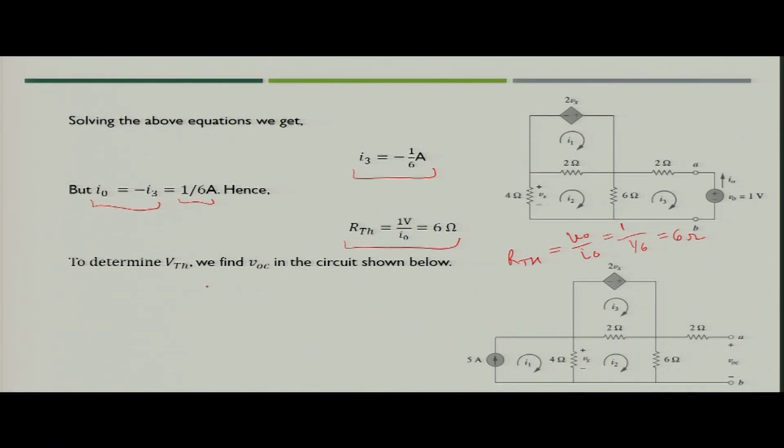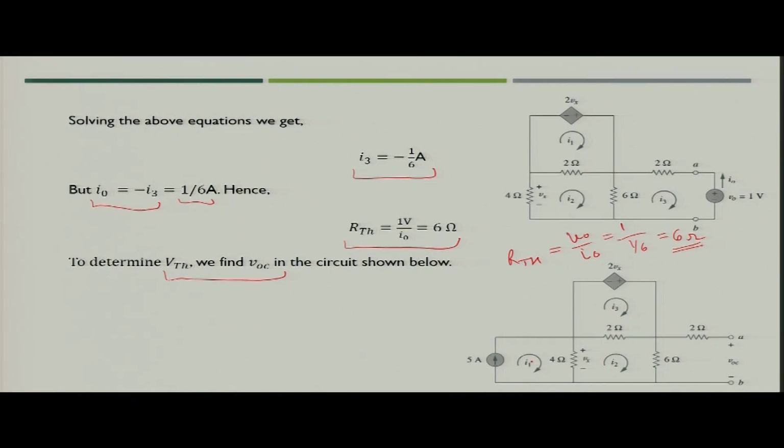Now, what next do we have to do? We have to find the VOC, because RTH we have already found. For finding the value of VOC, we have to find the voltage across terminal A and B. So we will add the 5 ampere independent current source again in the circuit, and then solve.